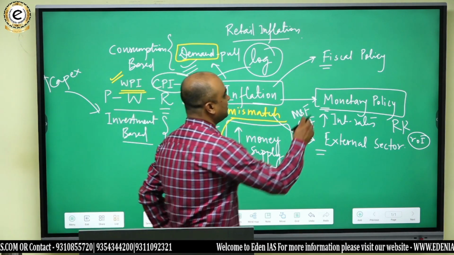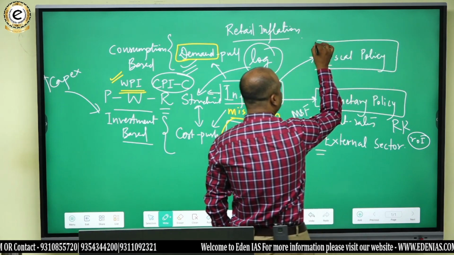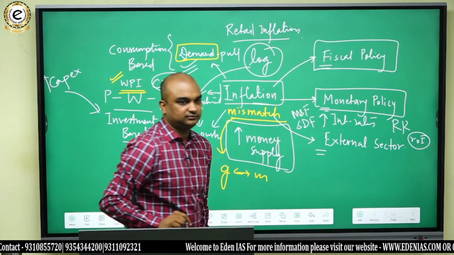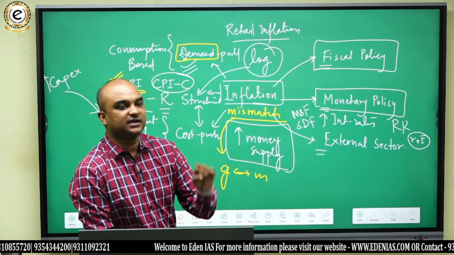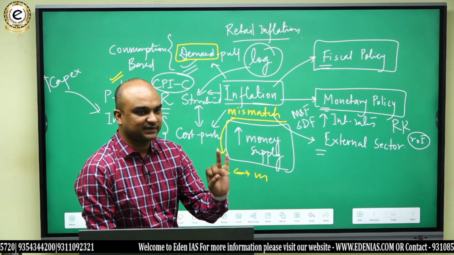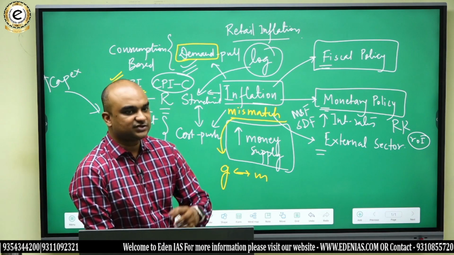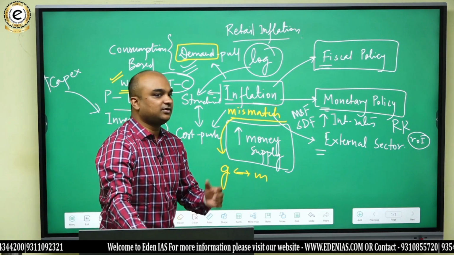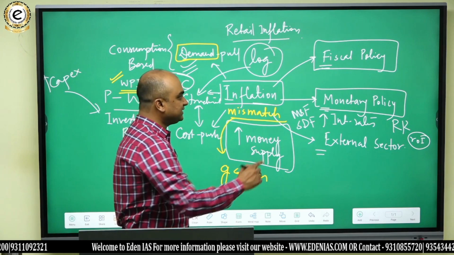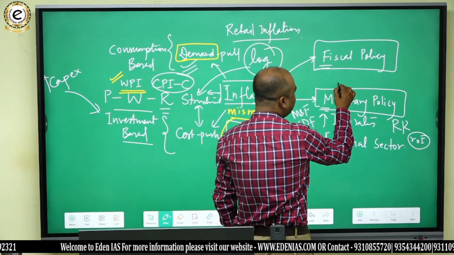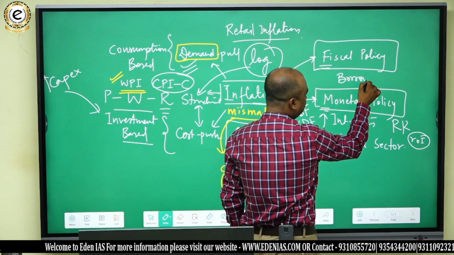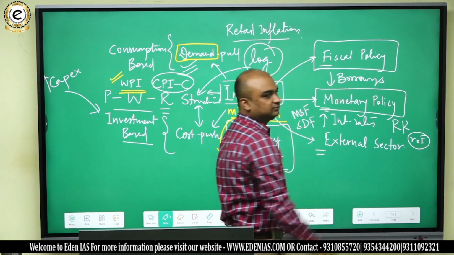Let's try to understand what's the relationship between fiscal policy and inflation. Now, when we say fiscal policy, we generally mean the revenue of the government and the expenditure of the government. Let's talk about the expenditure of the government. During times of inflation, you would see that borrowings become cheaper.